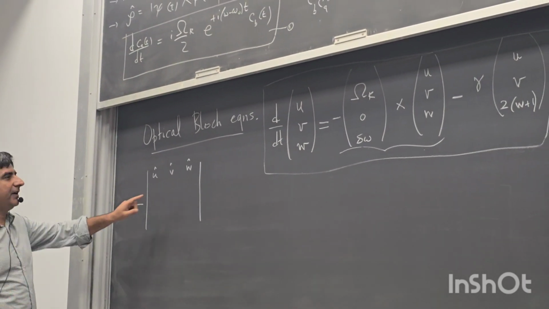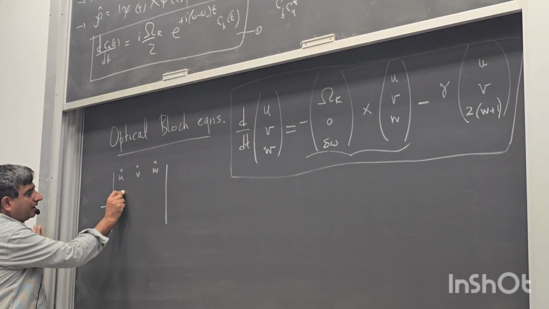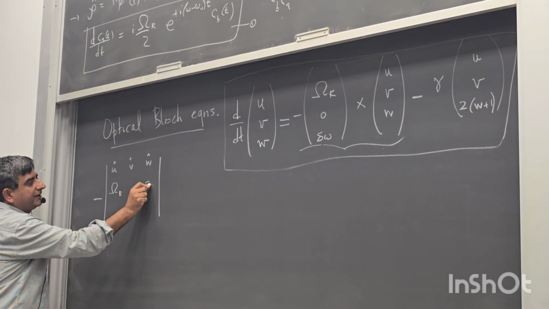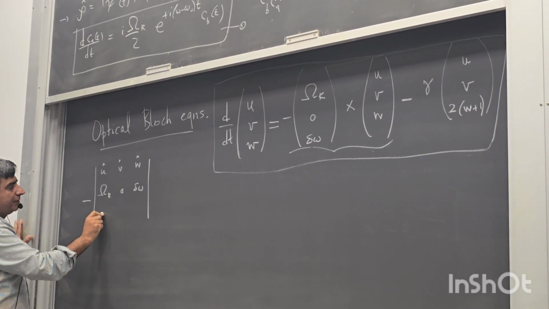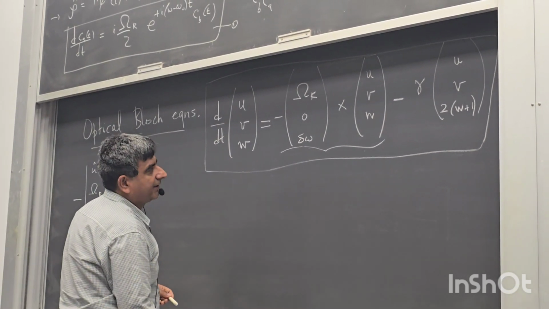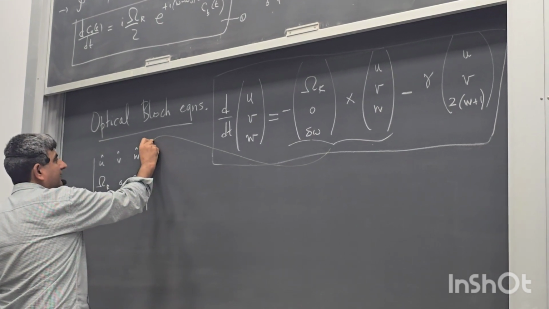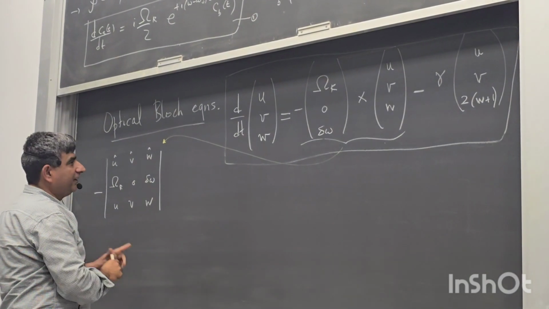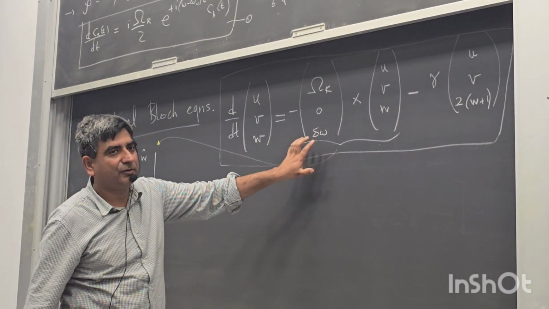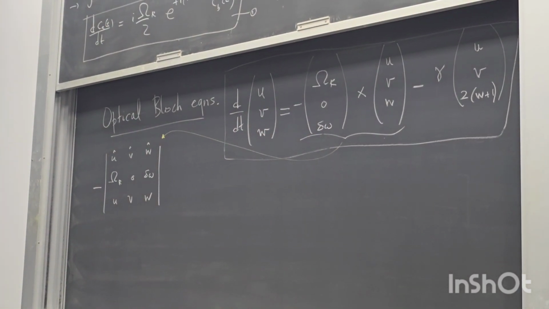So if I take this vector omega r, 0, the detuning factor, and U, V, W, this object here, the cross product with the negative sign, amounts to this. And you can verify that this cross product will yield the same equations as you have over there.